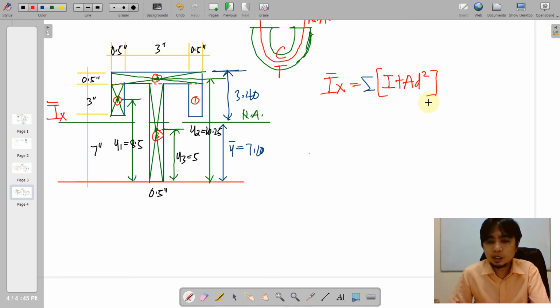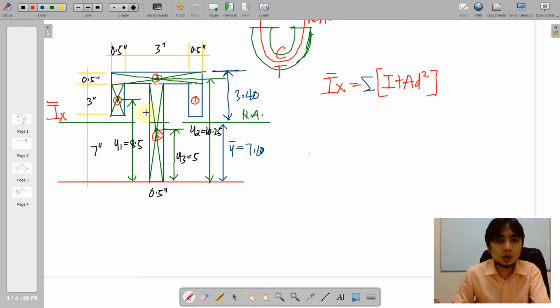These are actually the I, the area, and the distance, or the D is the transfer distance of this composite area. All in all, we have 3 composite areas wherein 2 are identical. So before we proceed with this formula, we need to determine the transfer distances of those composite areas.